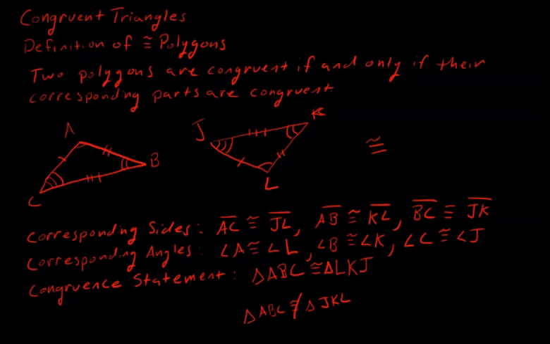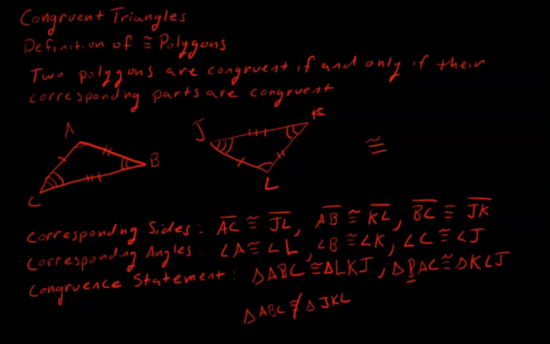Now, as long as A and L are in the same spots, it doesn't matter if they're first, second, or third. So we could write this as triangle BAC. Now B matches with K, so K would come first, and we have KLJ.